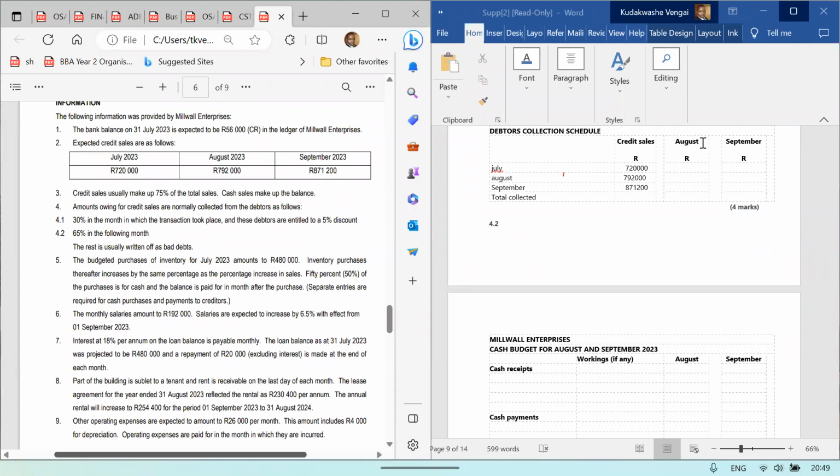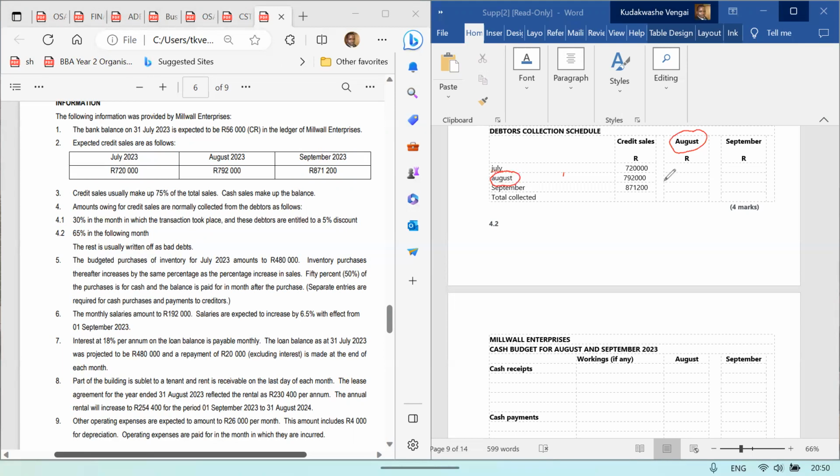So if you made sales in August, you collect 30% in August, less the discount. I want you to think correctly here. If I ask you how much was collected in August, your first question is, what were the sales in August?